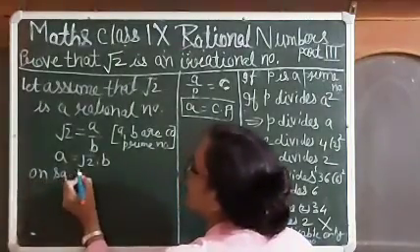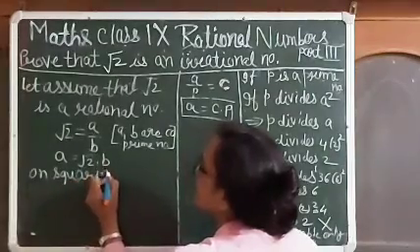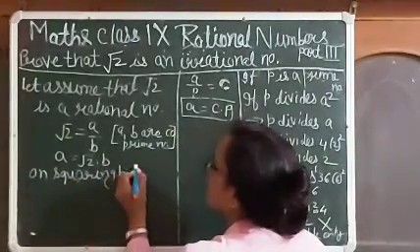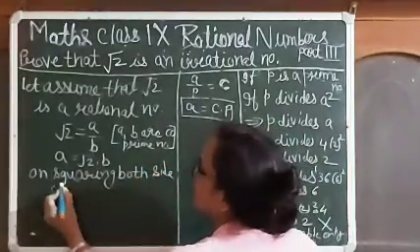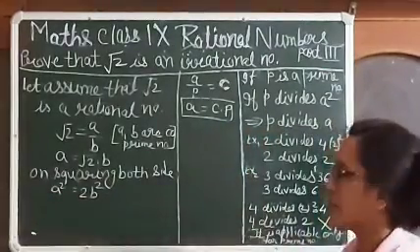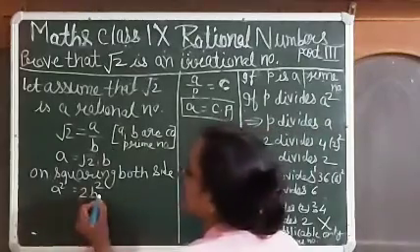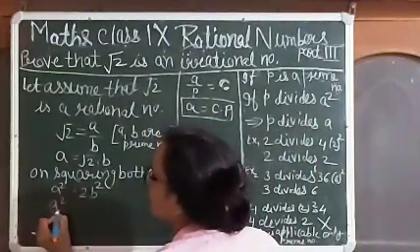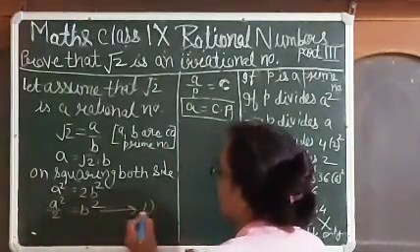On squaring both sides, a square is equal to 2b square, since root 2 square is 2. Now a square upon 2 is equal to b square. That is our equation number 1.